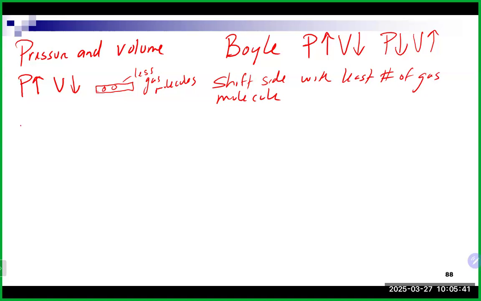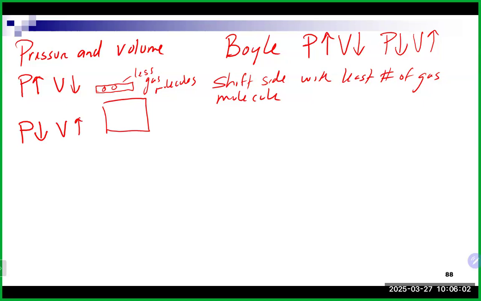Now, the opposite is true here. If my pressure goes down, that means my volume goes up. So the change that's happening in this situation is the pressure is starting to drop. So we want to bring the pressure back up. Here we now have a larger volume of area. That would require the opposite effect.